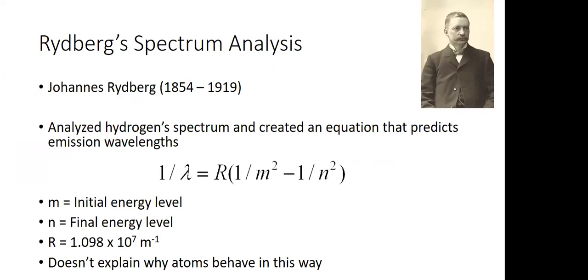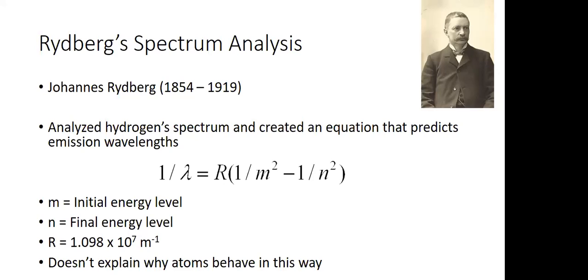Then we ended at looking at this equation by Rydberg, which is an equation that shows us for the hydrogen atom, what wavelengths of light can we expect to be emitted, and what wavelengths of light can be absorbed. And this equation is based on energy levels.